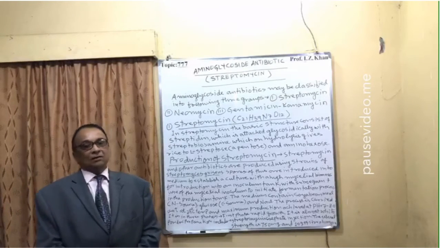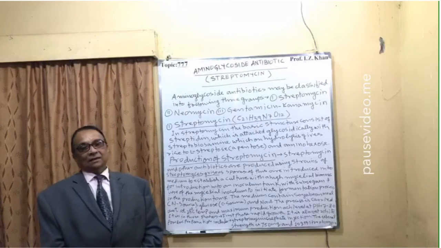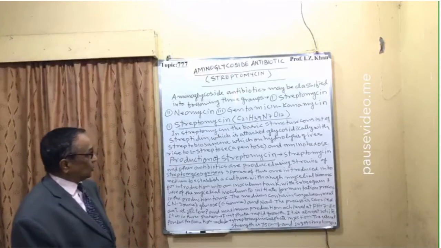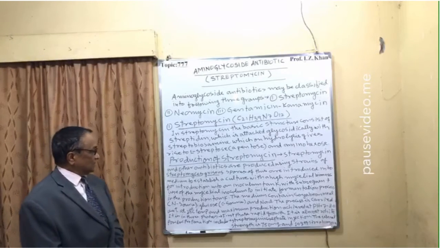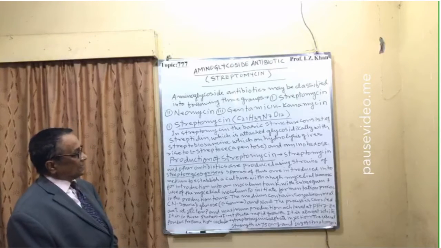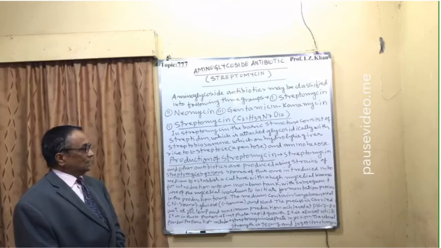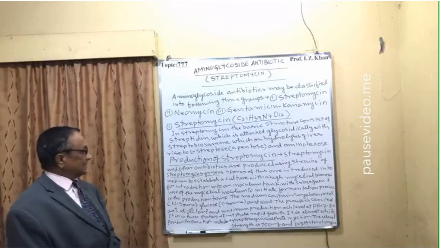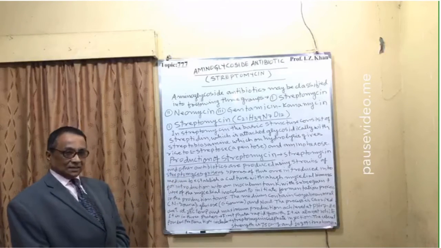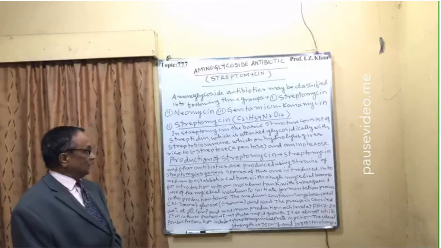It is all by fermentation, and in this fermentation we are using the spores of Streptomyces griseus. So streptomycin and other antibiotics are produced using strains of Streptomyces griseus, and the spore is fermented.